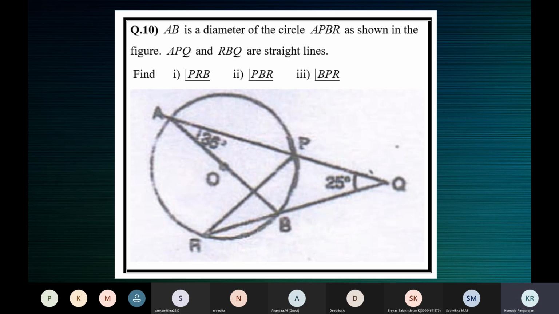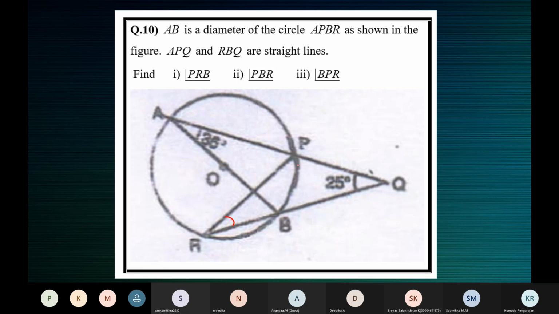What's the measure of angle PRB? Find angle PRB. 35 degrees.